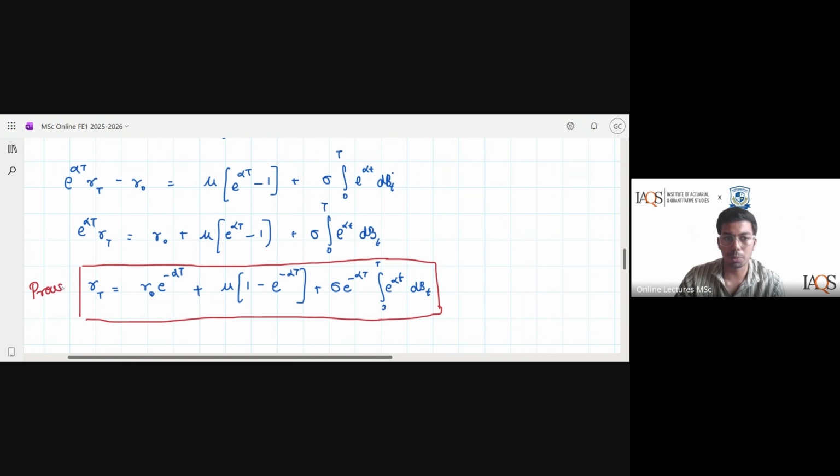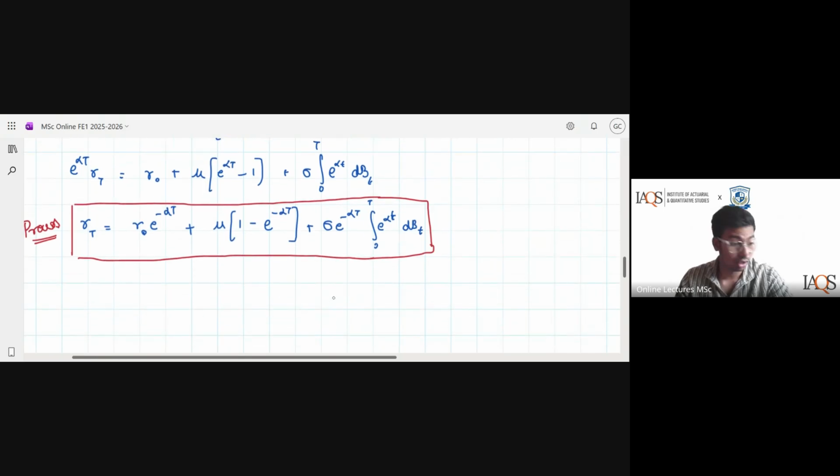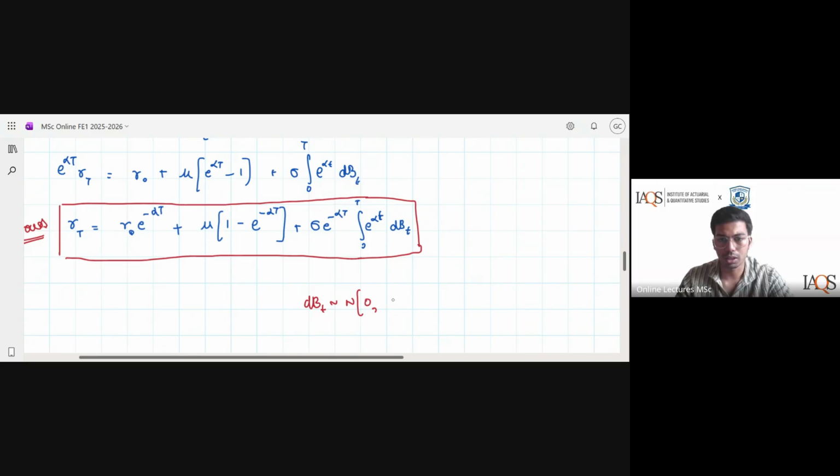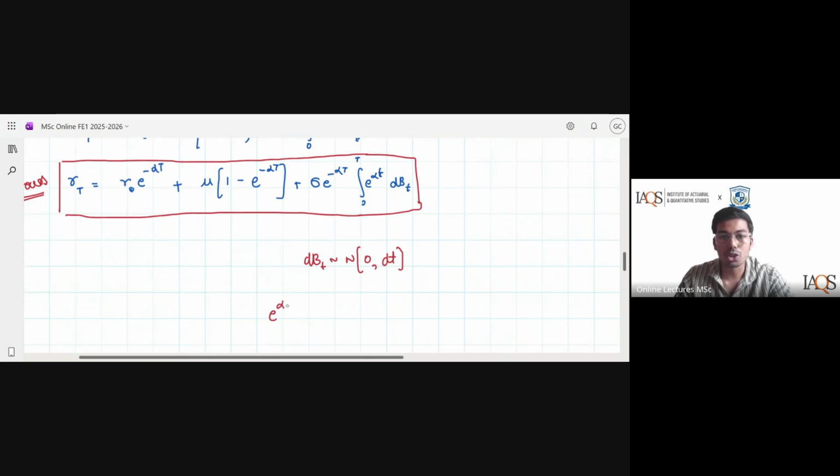Now I'm just left with the distribution form, which I know is easy. Let's start with dB_t. What's the distribution of dB_t? Normal(0, dt). Perfect. I'm multiplying by e^{αt}, so e^{αt} dB_t will follow normal distribution with mean 0 and variance e^{2αt} dt.